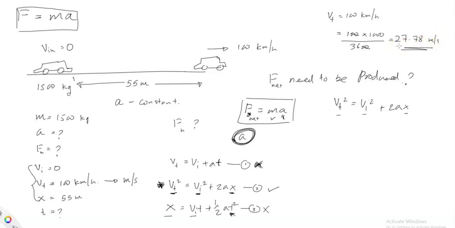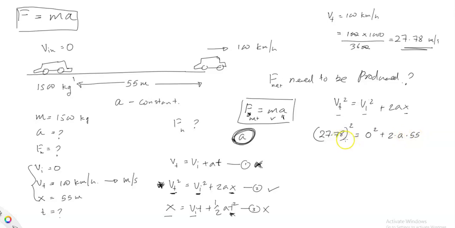This is what we need to plug into the equation. So we come here, 27.78 squared equals V initial, starts from rest, plus 2 times acceleration times 55 meters.